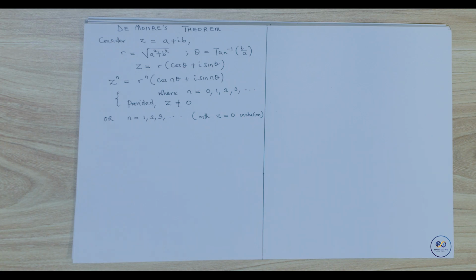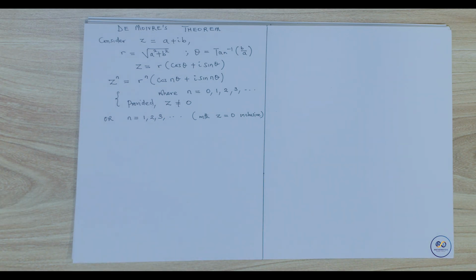Now, as far as Moivre's theorem is concerned, it doesn't just stop at multiplying a complex number by itself. It also talks about what happens when we multiply a complex number by another complex number. Recall that in one of our videos, we discussed what happens when we multiply two complex numbers together in terms of their algebraic form.